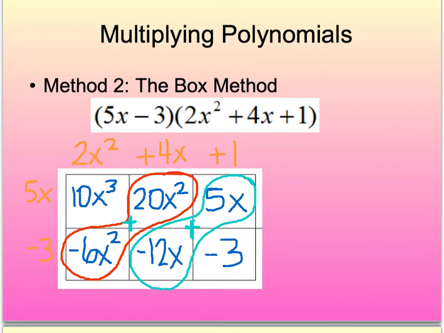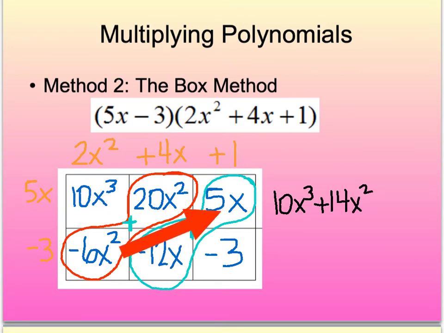And so to write our final answer over here to the right, I'm going to begin with my highest exponent, which is cubed. And so we write 10x to the third. Then I'm going to combine these two terms, 20 and negative 6, which makes positive 14x to the second.